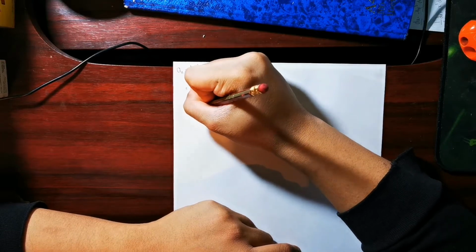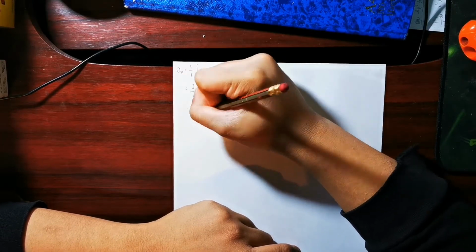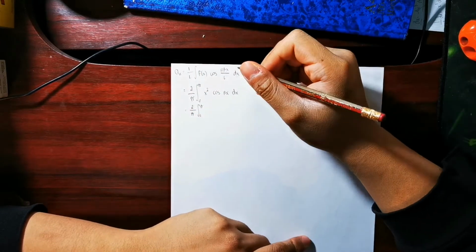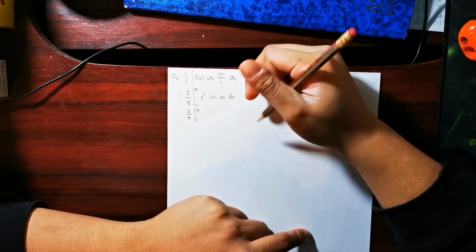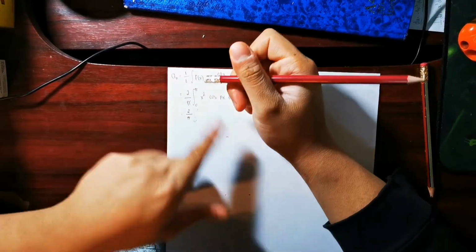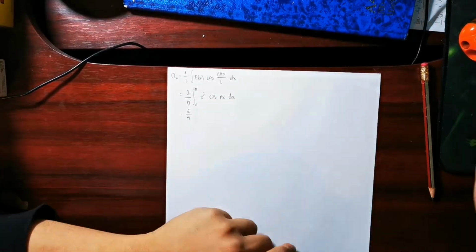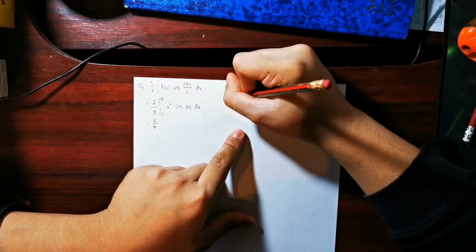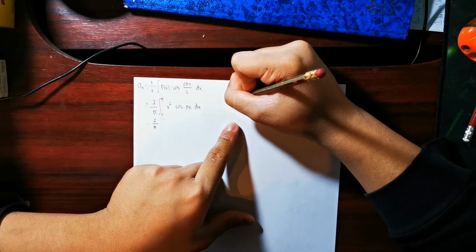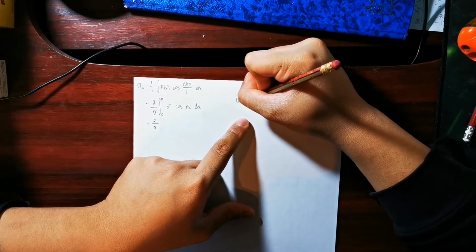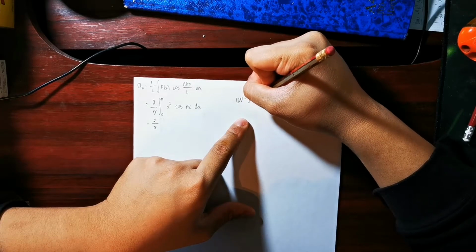We will be using integration by parts. I'm sorry. Integration by parts has the formula u times v minus the integral of v du.